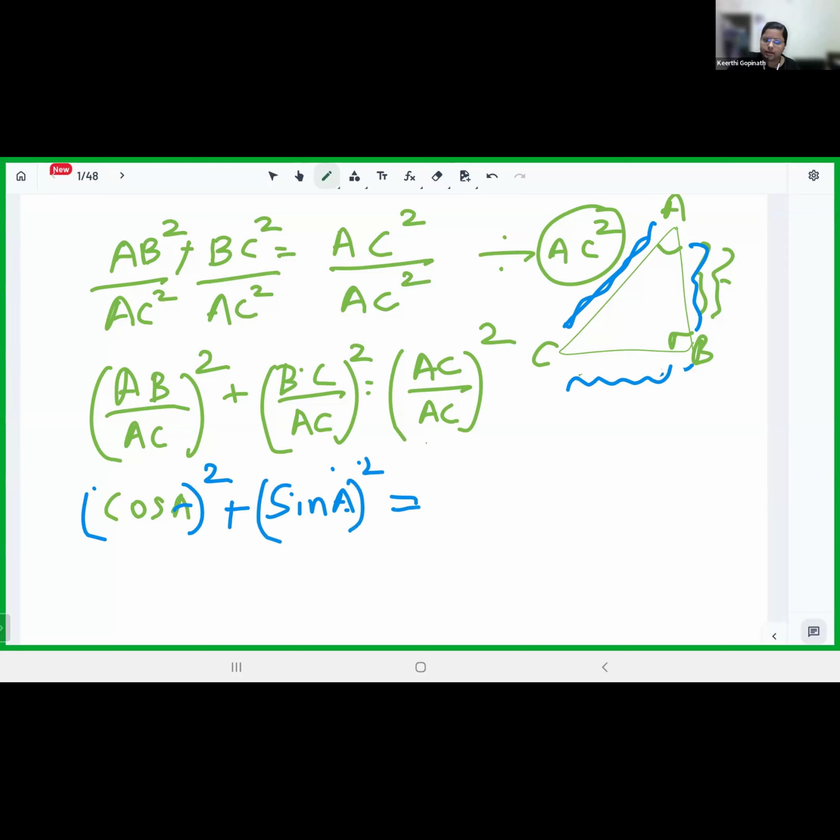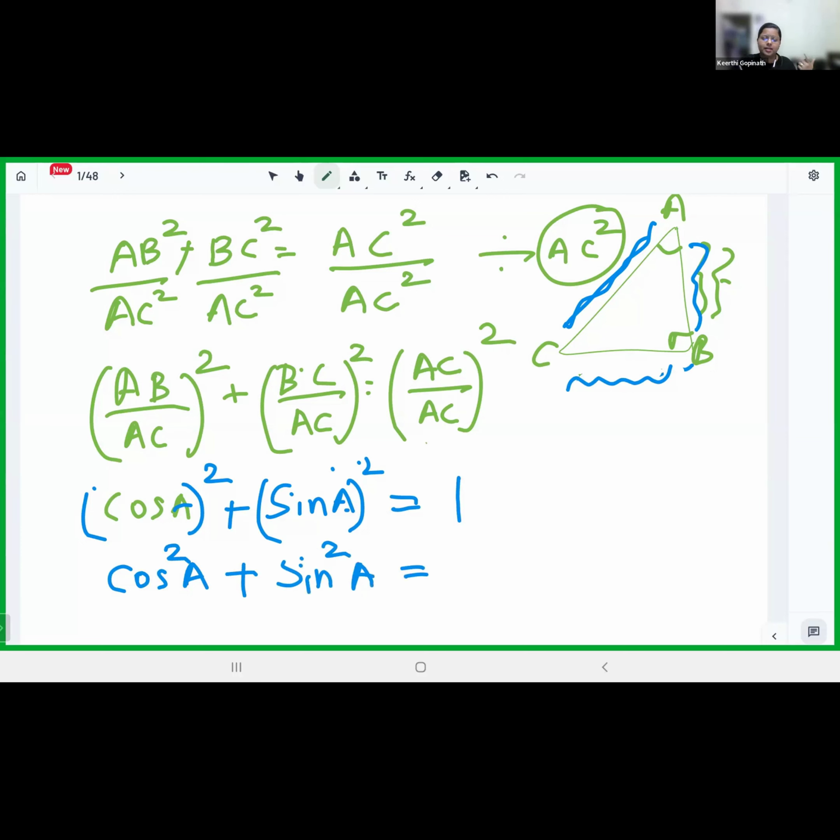AC by AC is 1, so 1 square is 1. So we have obtained the first identity. Cos A the whole square can be written as cos square A, and similarly sin A the whole square can be written as sin square A. Cos square A plus sin square A is equal to 1.